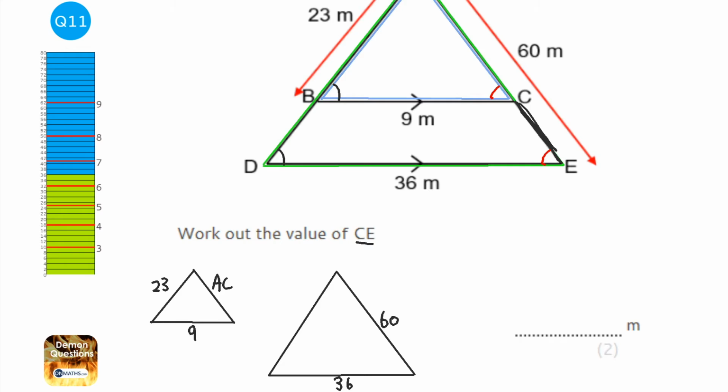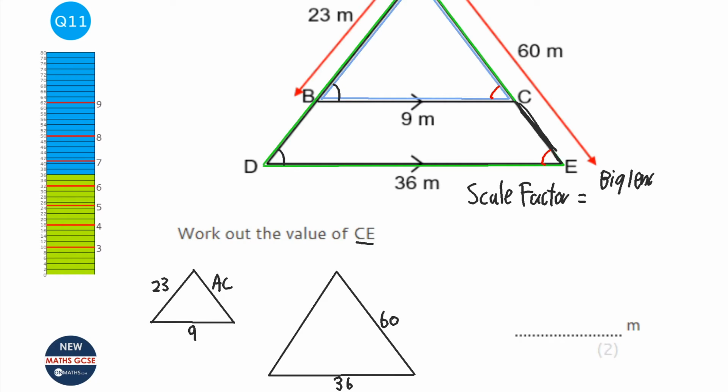Okay, to do that I need to work out what the scale factor is. And the scale factor, all you need is a length on both of the triangles, which is corresponding, which means it's the same length, but on the two different triangles. And to do that, we do the big length. I say the same, it's not going to be the same length, but the same position on both triangles. So big length over small length.